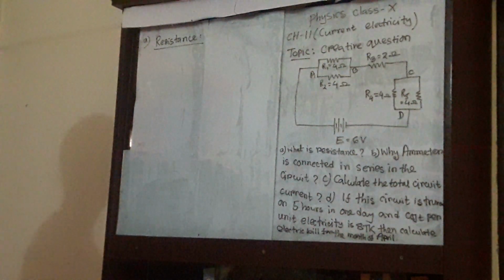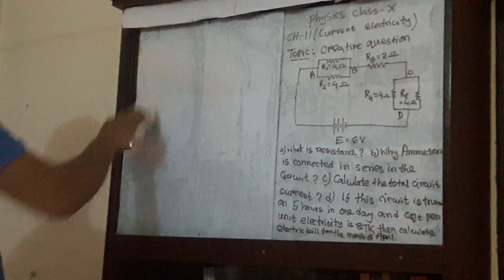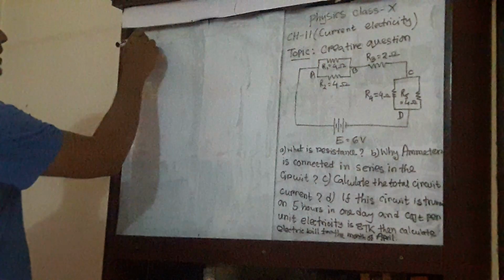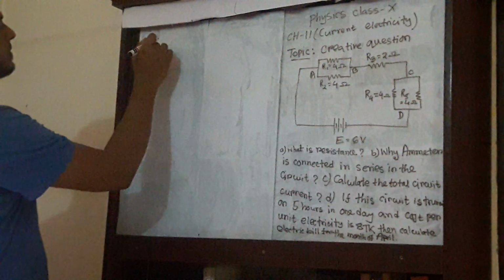Now, question number B, that is, why is an ammeter connected in series connection with the circuit? Let's draw a simple circuit.